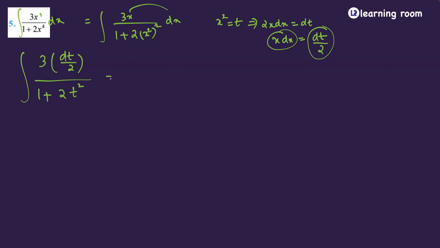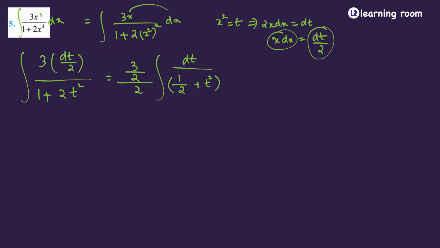So here what I will do is I'll take the 2 common outside. So in the numerator I already have 3 by 2 into the integral of dt divided by, if I take the 2 common outside, it will be 1 by 2 plus t square. This whole divided by, since I took the 2 outside, the 2 in the denominator will come out. So this 3 by 2 belongs to the numerator. This 2 belongs to the denominator.